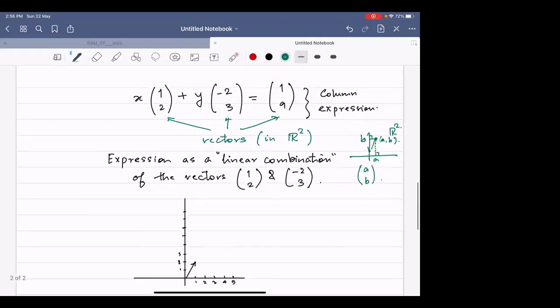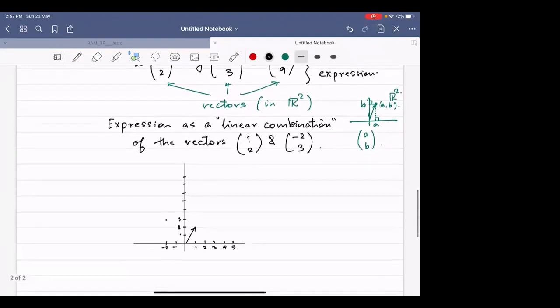So you have to actually draw it like this, to be very precise. So this is the vector 1, 2, and then the vector -2, 3 also I want to write. So that's going to be minus 2 to this side and 3 up here. So that's the point. And then we can draw that vector also.